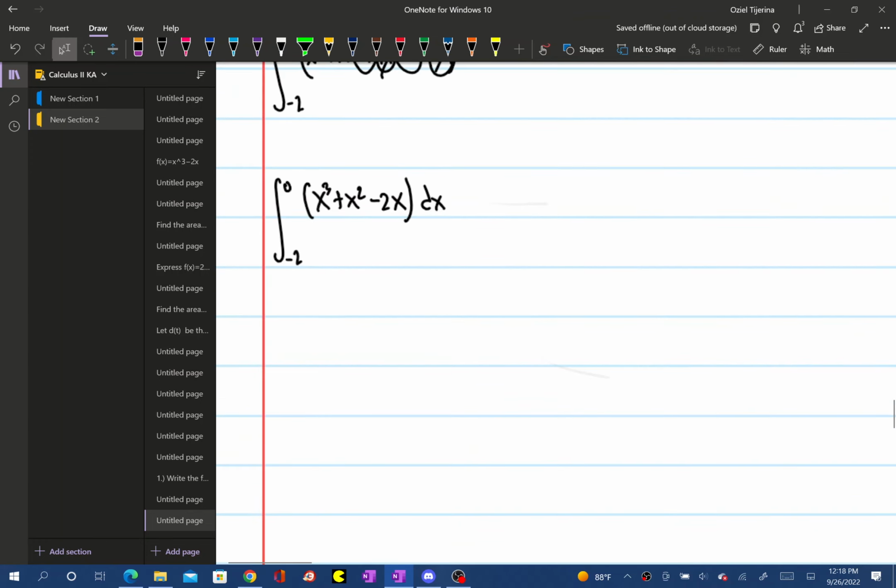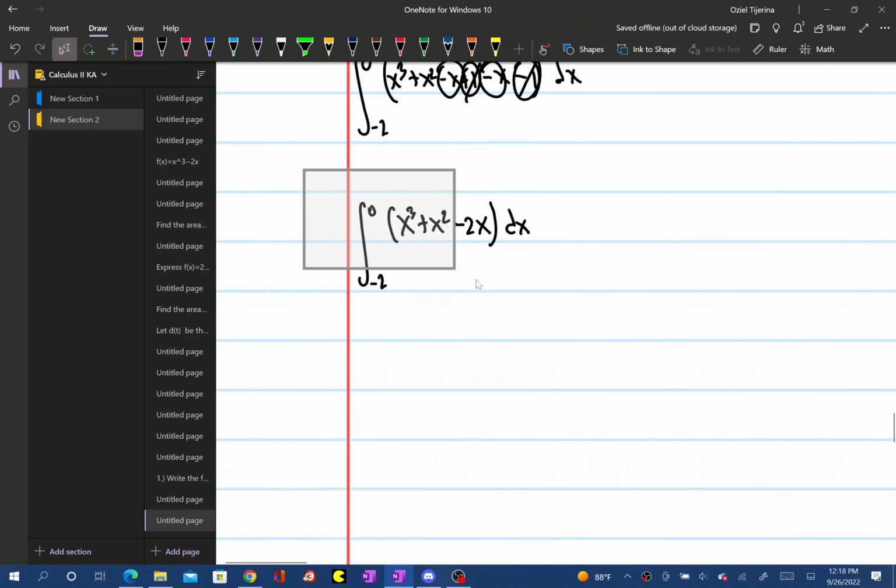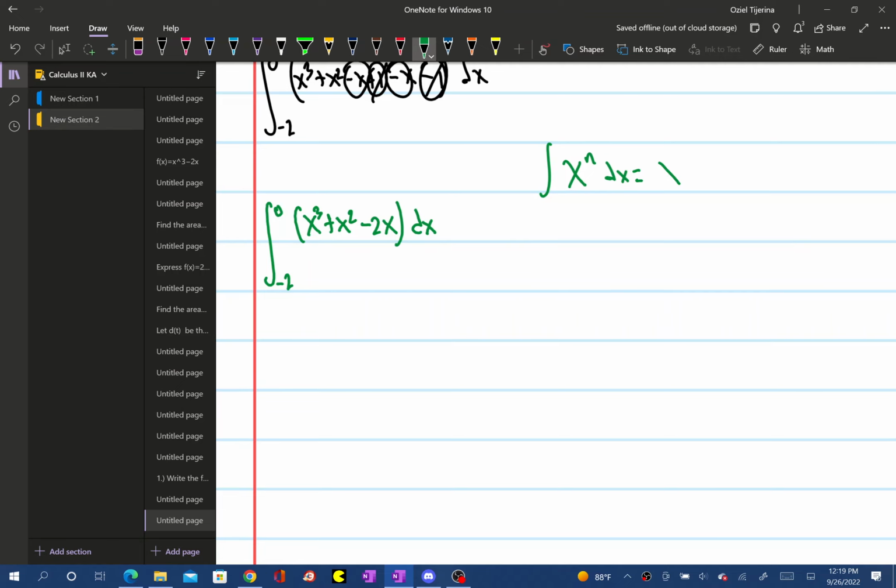That's what this integral is going to turn into. Now, we have to integrate it. So the power rule, the integral of x to the n dx, is x to the n plus 1 over n plus 1 such that n does not equal negative 1.